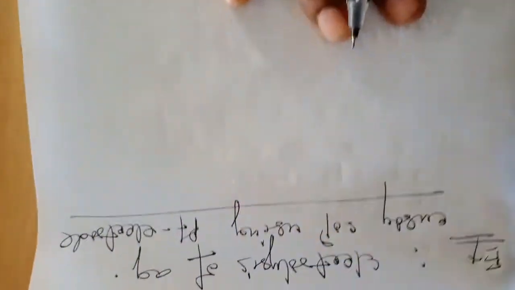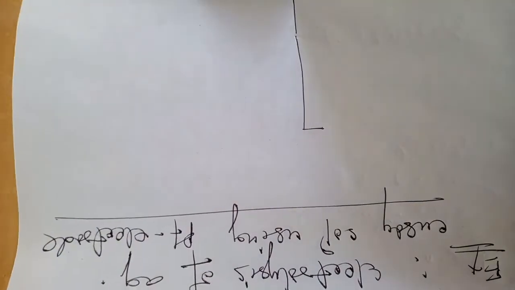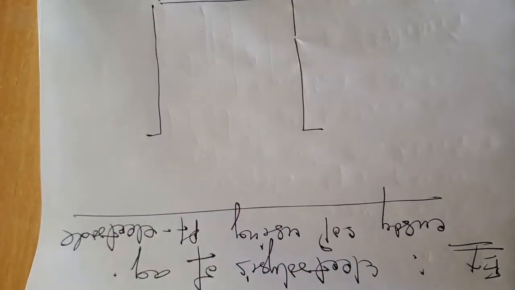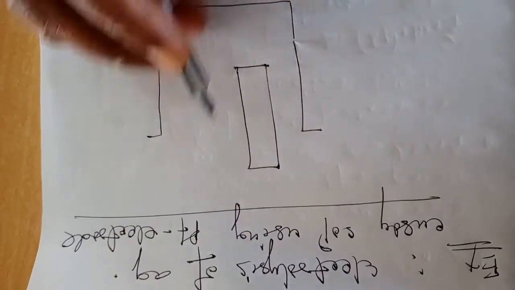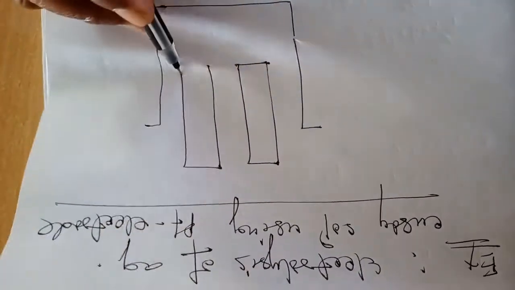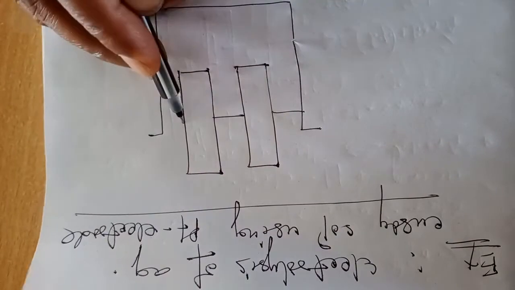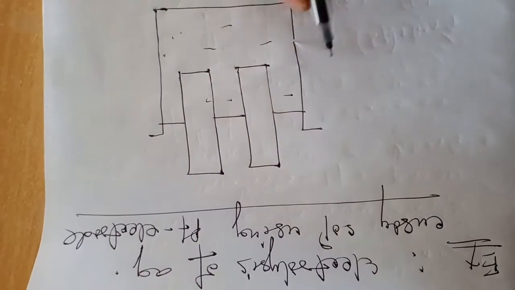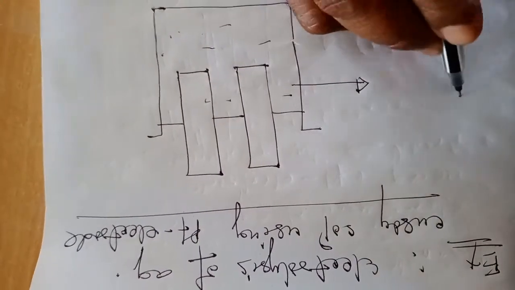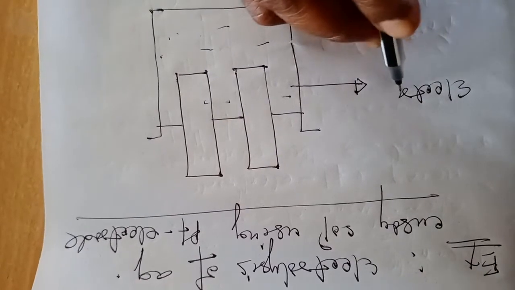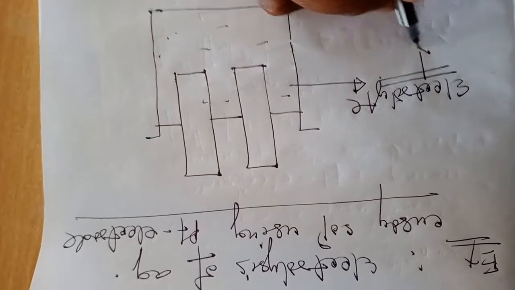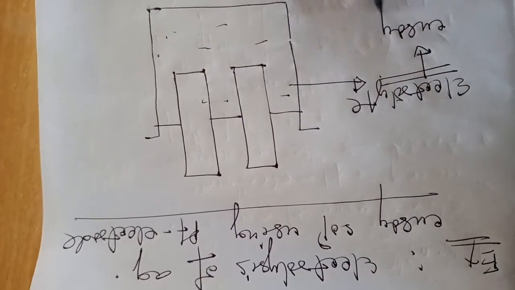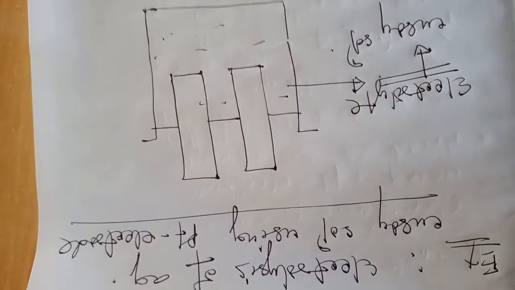That means we have to take an electrolytic tank, and in this tank we take an electrolytic solution. Suppose this is the electrolyte. We have taken copper sulfate solution as electrolyte.